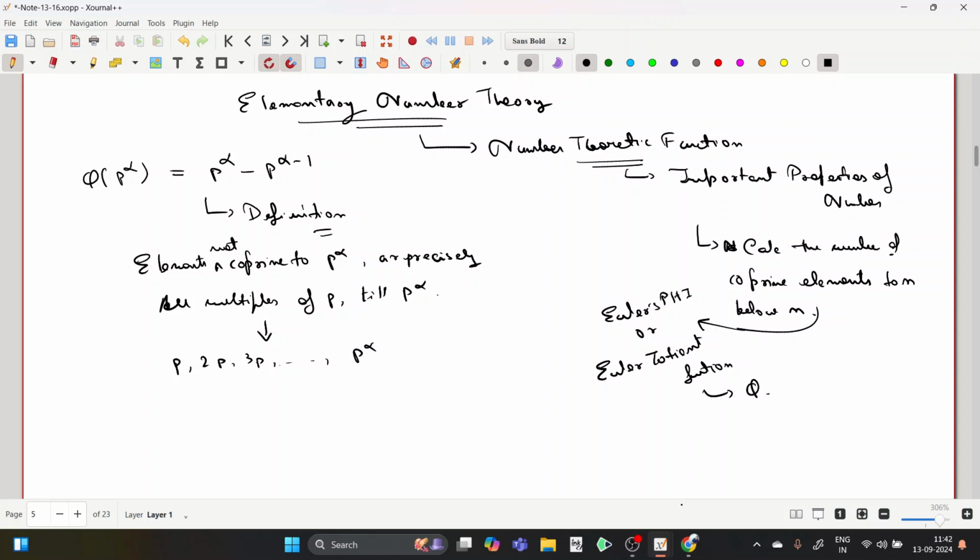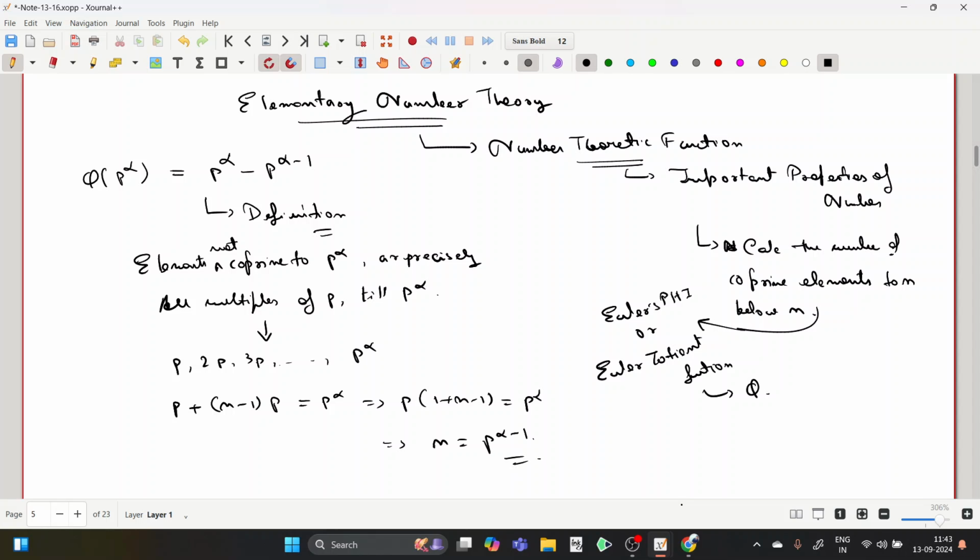But this is a standard arithmetic progression. So how many elements are there? The first element is p. Suppose you have n elements, the common difference is p as well. So p times 1 plus n minus 1 equals p to the power alpha, which implies n is p to the power alpha minus 1.